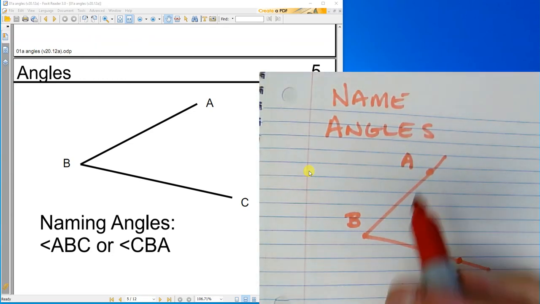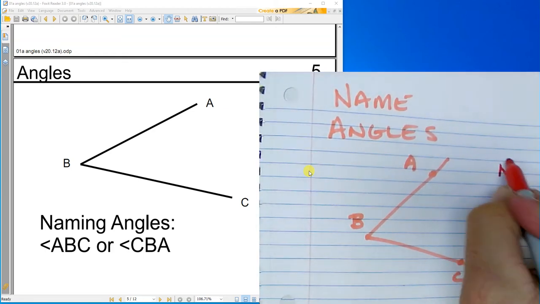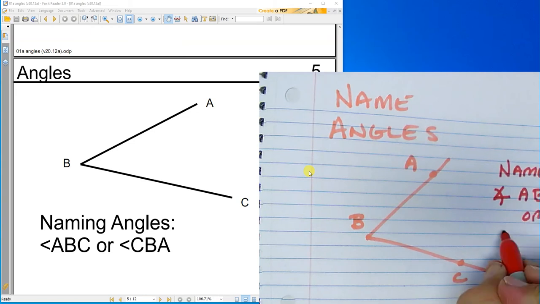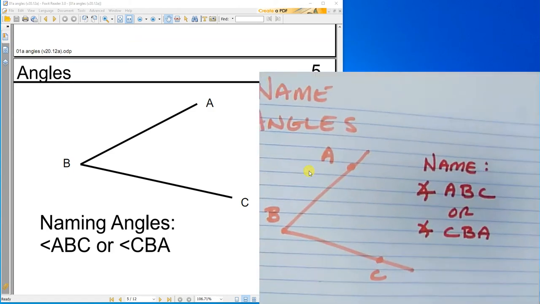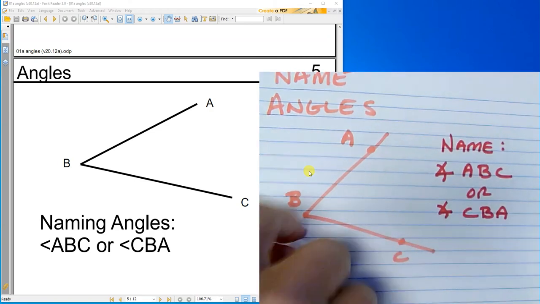We could either look at it as angle ABC, or we could name it the other way, CBA. So those are the two ways that you could name that angle, ABC, CBA.